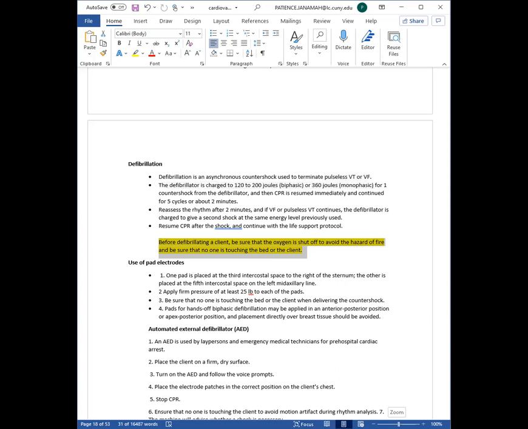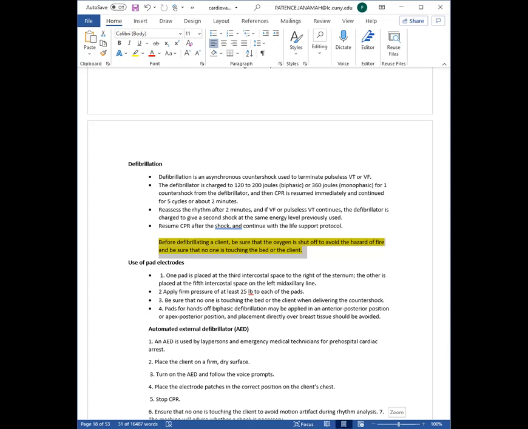They are confusing. So before defibrillating a client, be sure that the oxygen is shut off to avoid the hazard of fire. And be sure that no one is touching the bed or the client. If the patient is getting oxygen and you are providing CPR with the ambu bag, then the moment they tell you shock is advised, everybody has to stop.